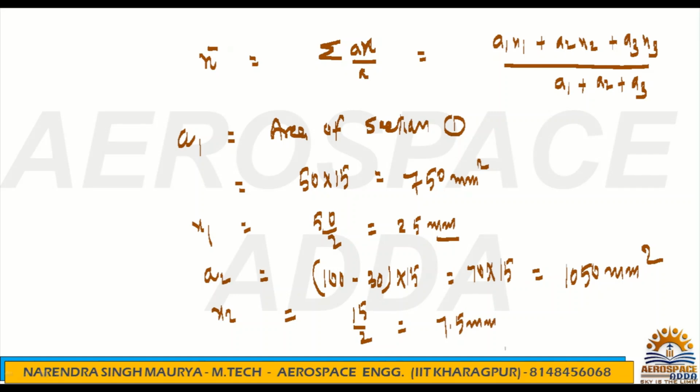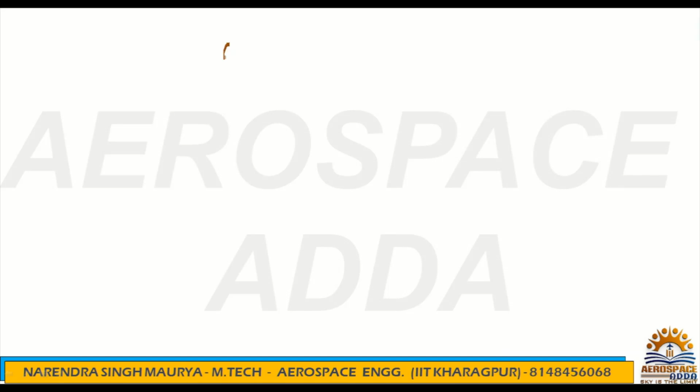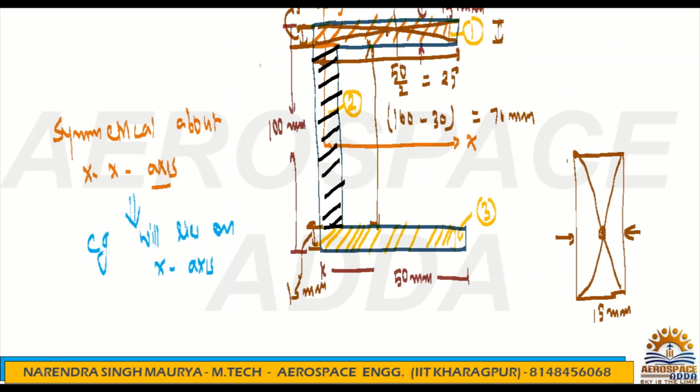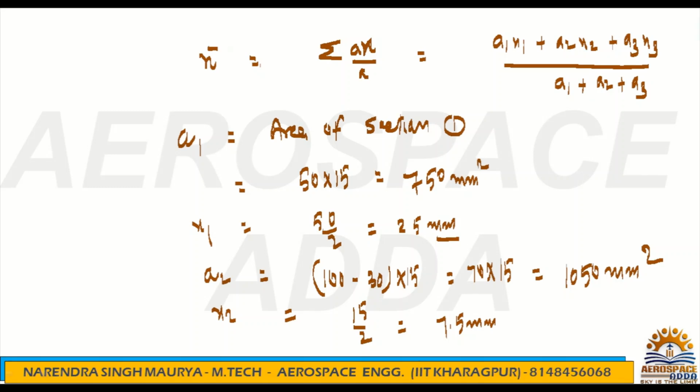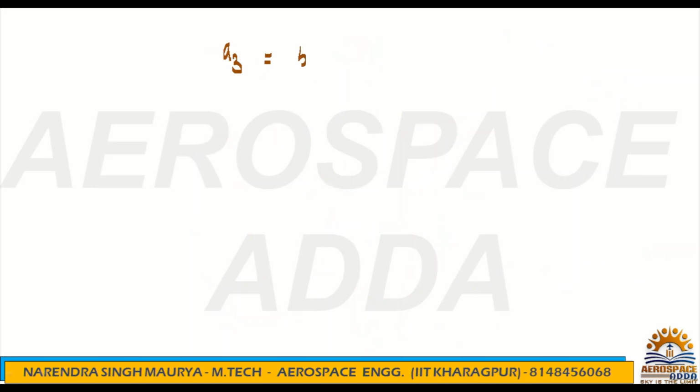Coming to the third section, A3. Obviously, first and third must be same. So what is the third section? It's nothing but take 50 into 15, right? 50 into 15. And what is the x3?